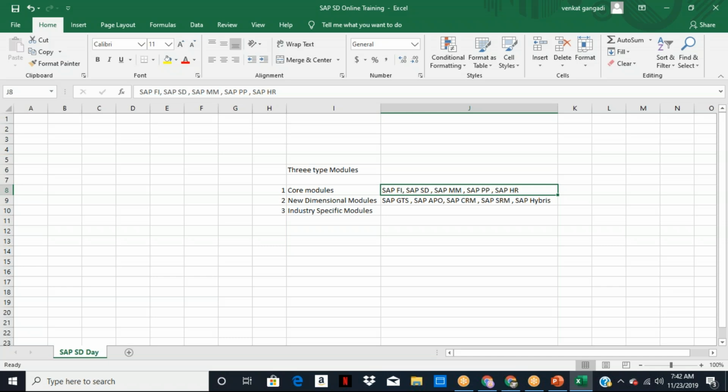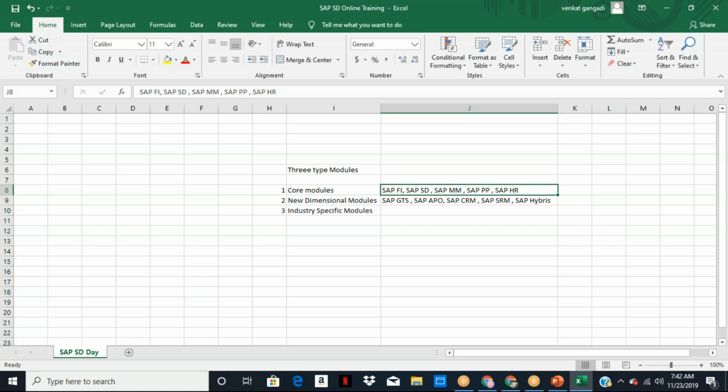For example, if you look at SAP SD or SAP MM, these two modules are not effectively taking care of imports and exports.